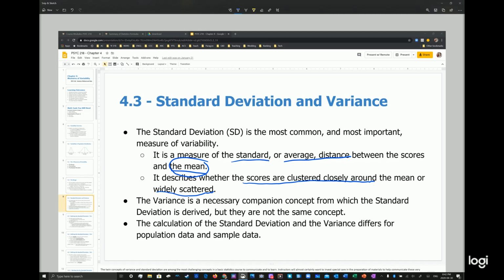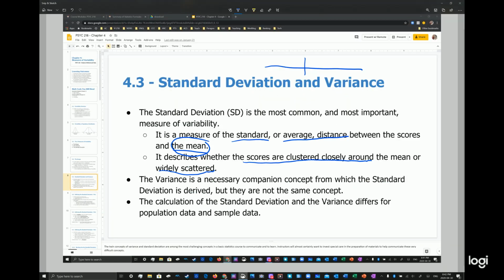Again, using the mean as a reference point and not just a balance point, as we talked about in the previous chapter of the distribution, then we can clearly say whether a distribution is widely spread or close together once we calculate how far the scores are apart from the mean.